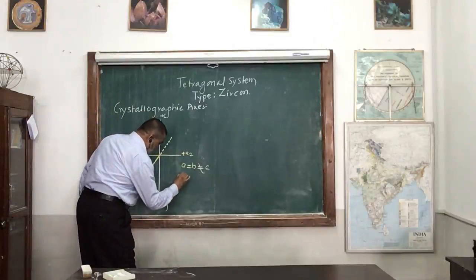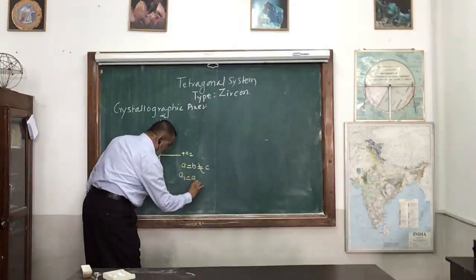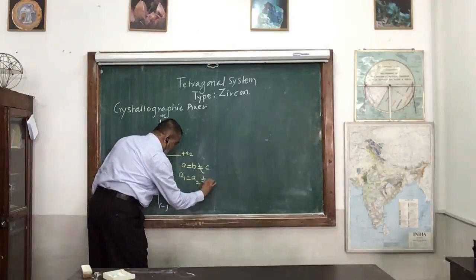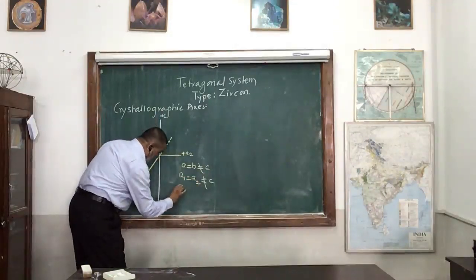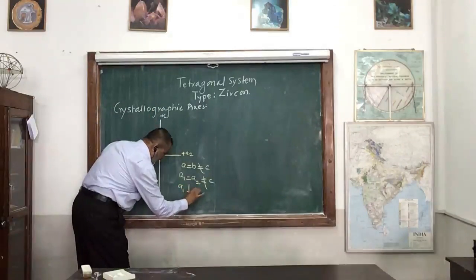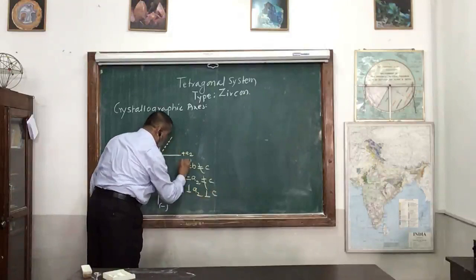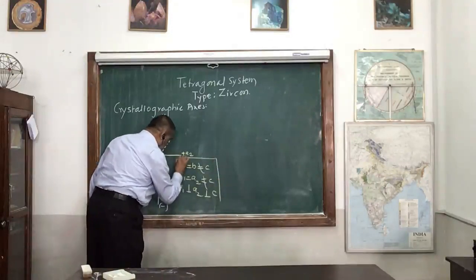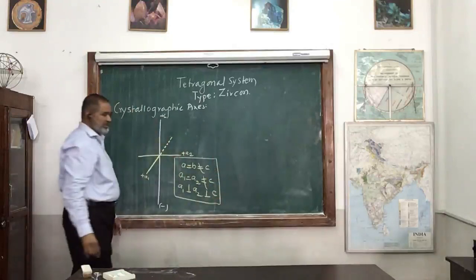A1 is perpendicular to A2 and A2 is perpendicular to C. This is the relation of all three axes in the crystallographic system.